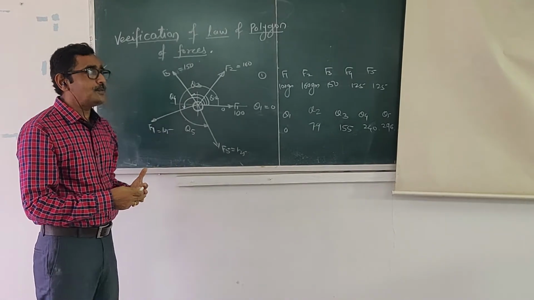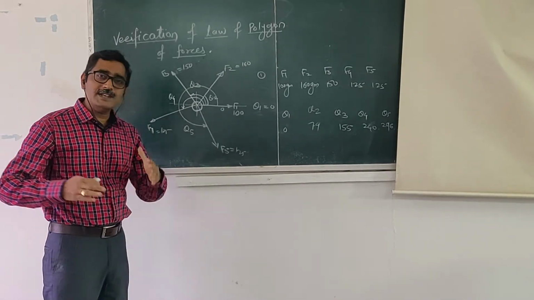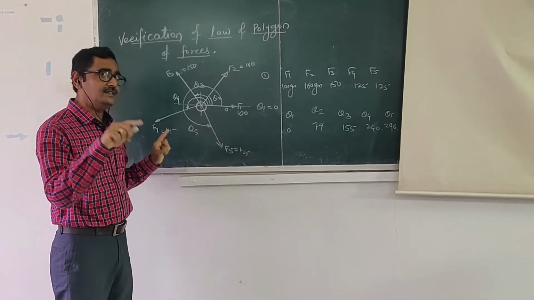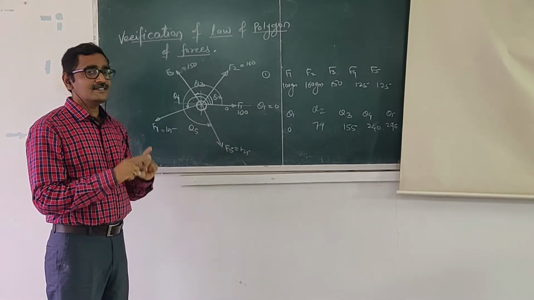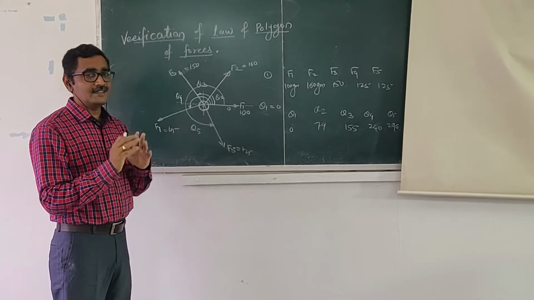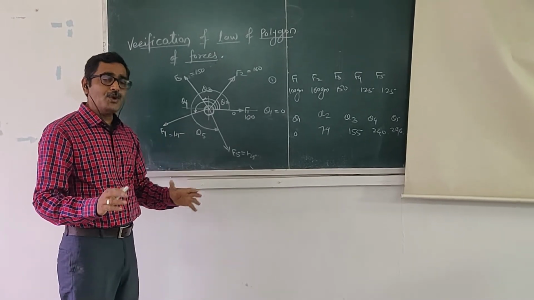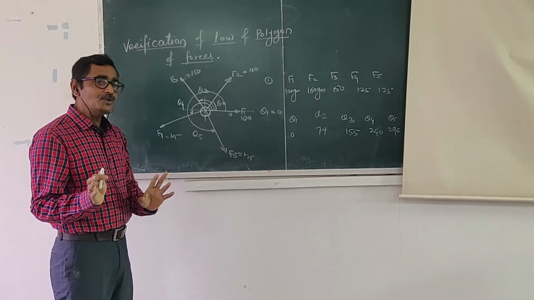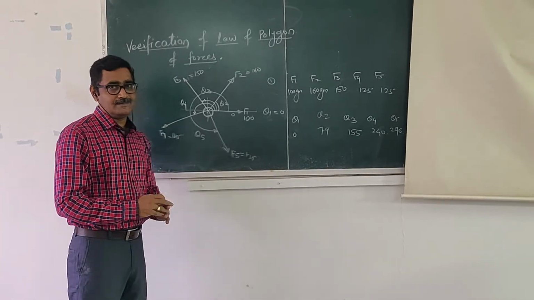If I plot the force polygon by representing these forces graphically, it must be a closed figure because the system is in equilibrium. Since the system is in equilibrium, the resultant force should be 0 and the force polygon must be a closed figure. In my next video, I am going to explain how to do the calculation.